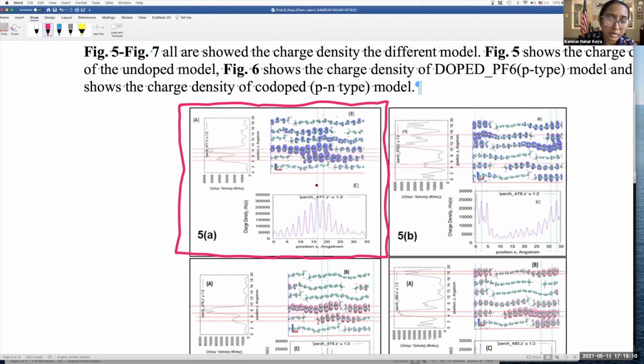And in the middle position in the x direction it shows the higher density, and if we go to the edge it shows the lowest charge density.